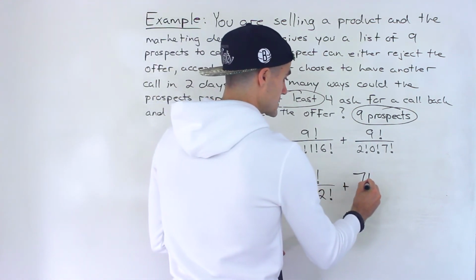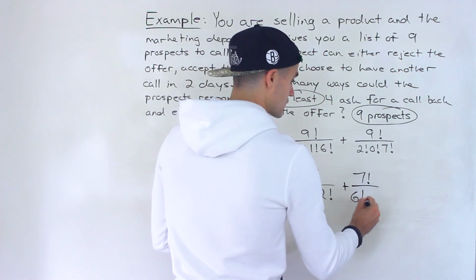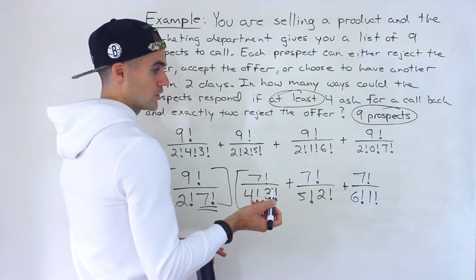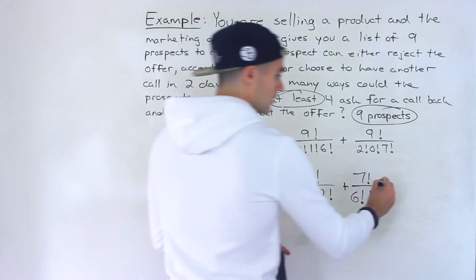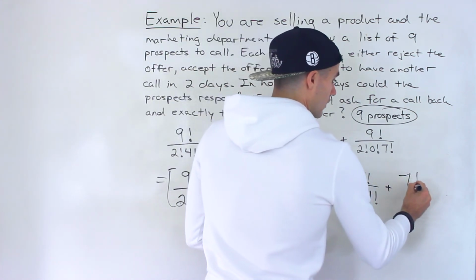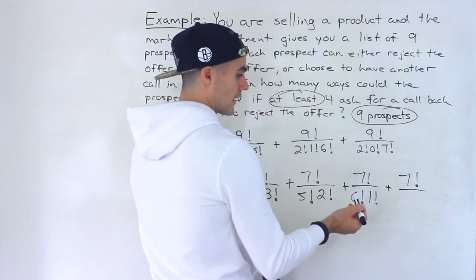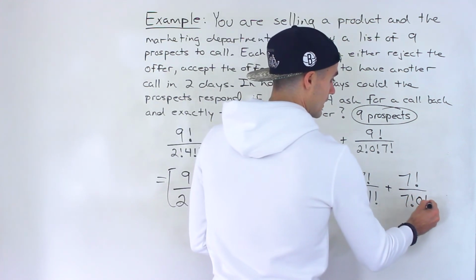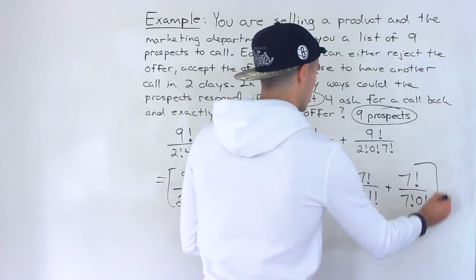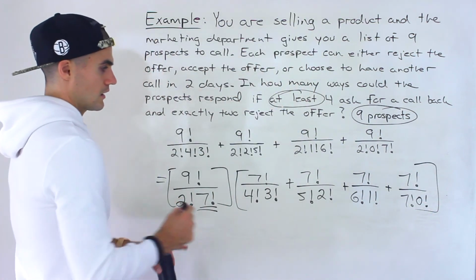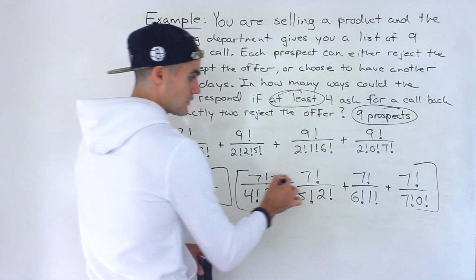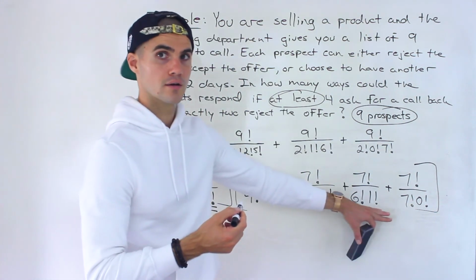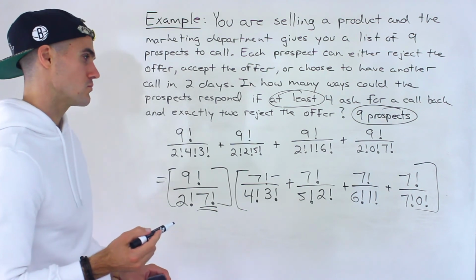Or from the 7, 6 can ask for a callback, 1 would accept the offer. Or the final case is all 7 ask for a callback and none accept the offer. And so this here, the way these 7 that didn't reject can be organized is 4 different cases. So that's another way you may see it shown.